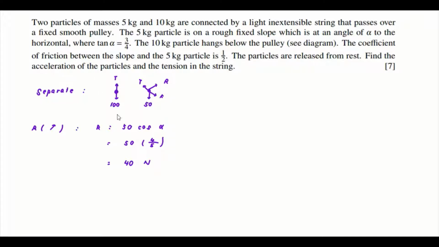So this will be 100. Let me write this down for the 10 kg. We have 100 minus the tension, equal to the mass, which is 10 kg, times the acceleration. So this is our first equation. Then after that, let's look at the second one for 5 kg.